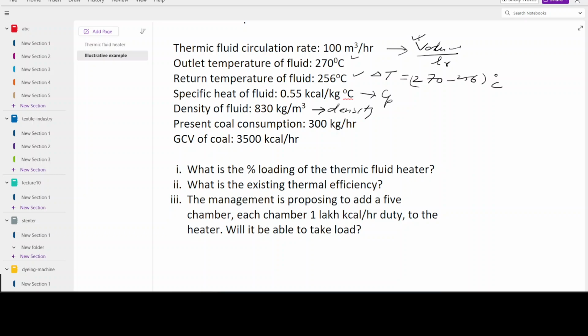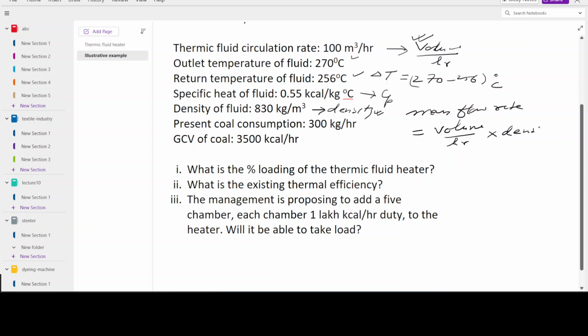Using this volume per hour and density, we can find the mass flow rate. Mass flow rate is equal to volume per hour into density.